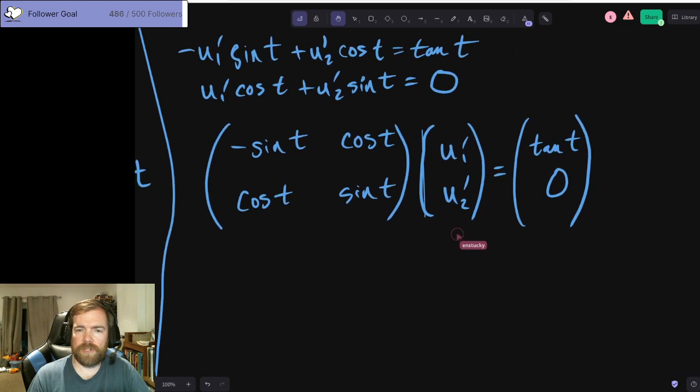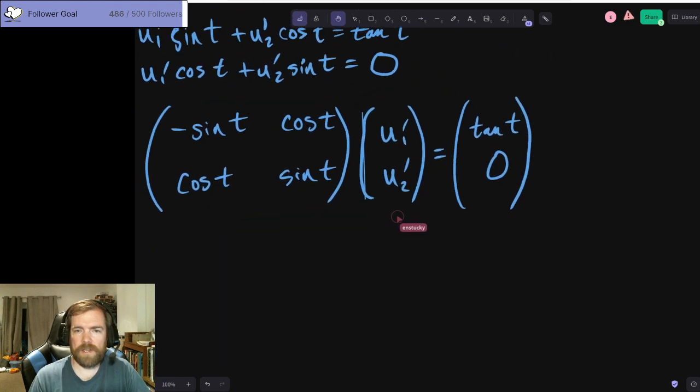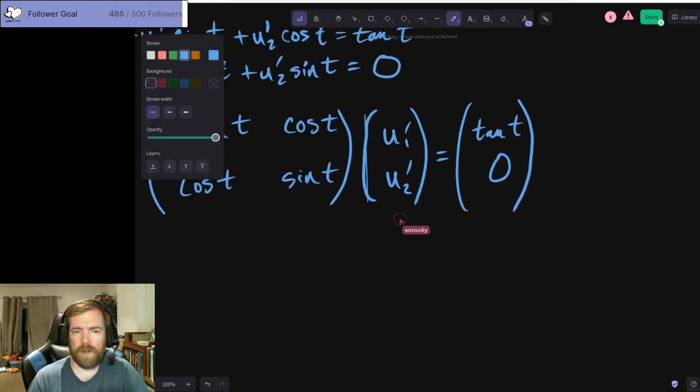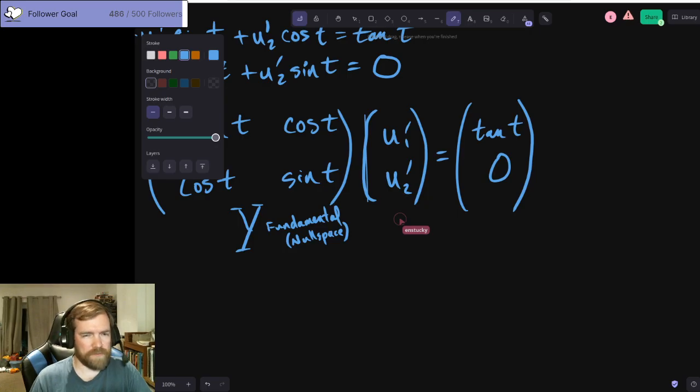So what we've actually done here is set up our fundamental solution matrix. So we've got the fundamental matrix of the null space. Right. And I think if we found eigenvectors, we would also find that it was negative 1, 1, 1, 1.